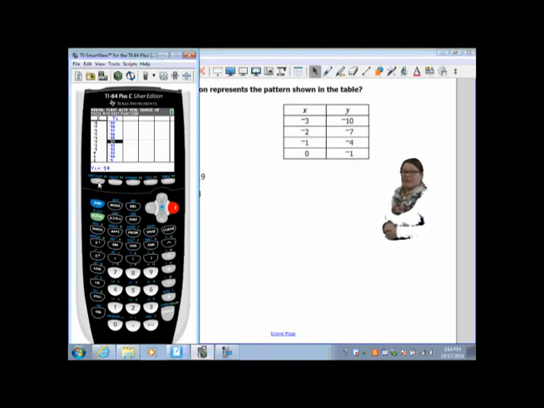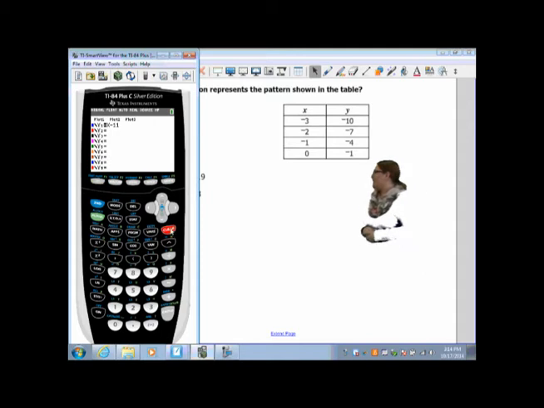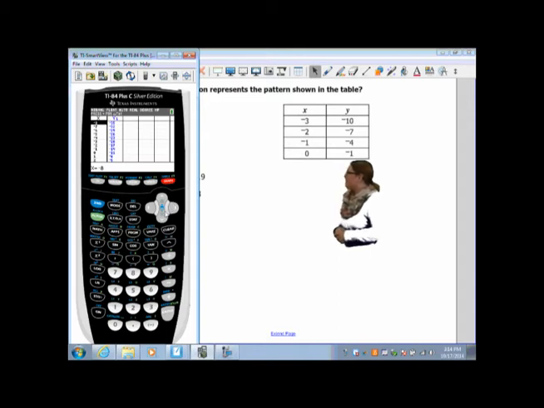It seems like it would be the right answer, but we want to check anyway. So we're going to type in y equals 3x minus 1, 11. The second graph. We're going to check all four values.